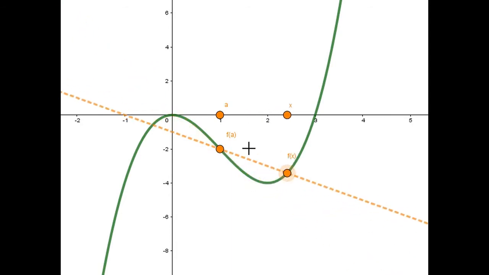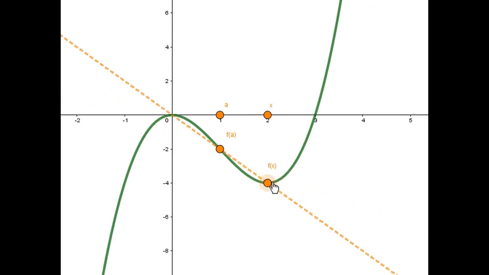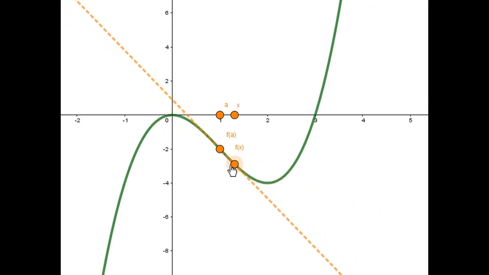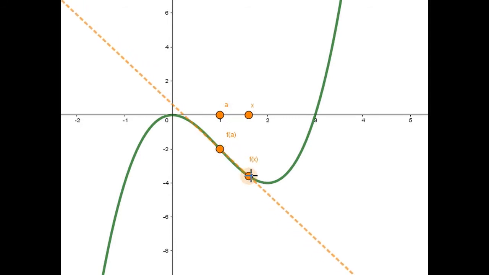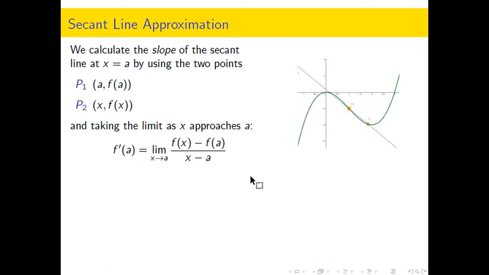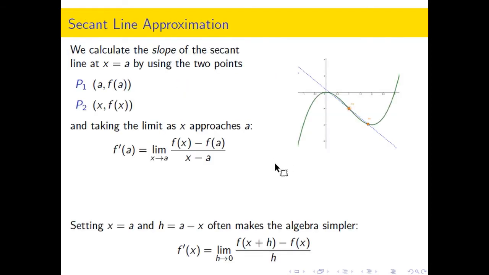So again, this is just the slope, the divided differences, the change in the y values, f of x minus f of a, divided by the quantity x minus a. Okay? So that's what we're doing, taking the limit as x approaches a.